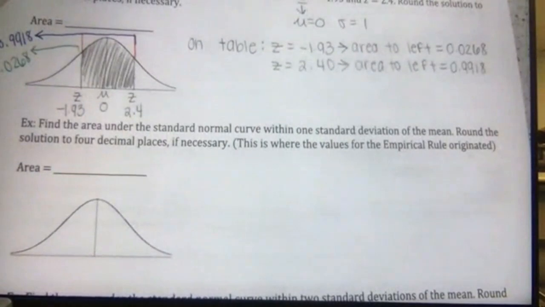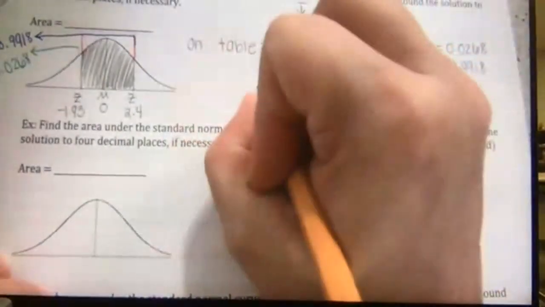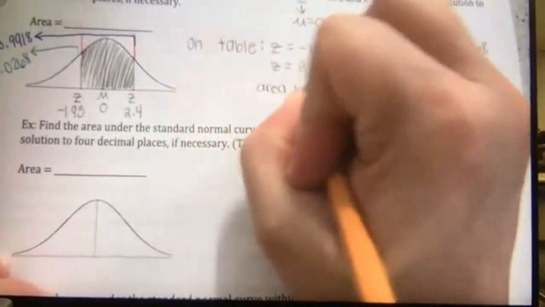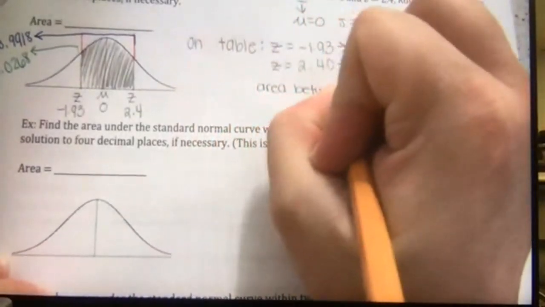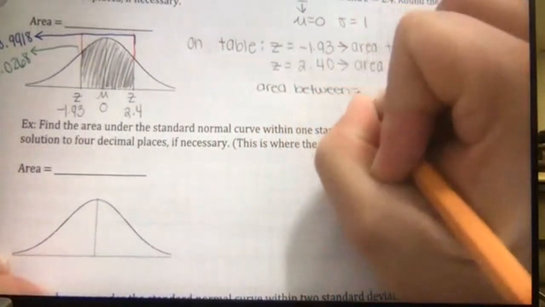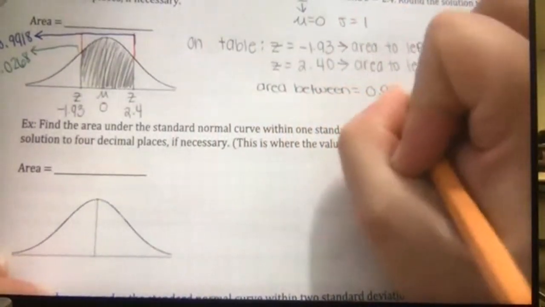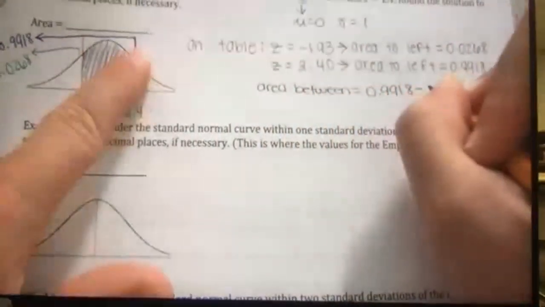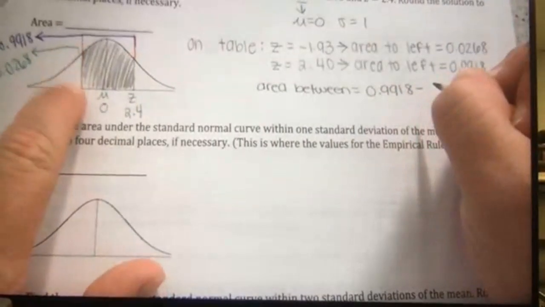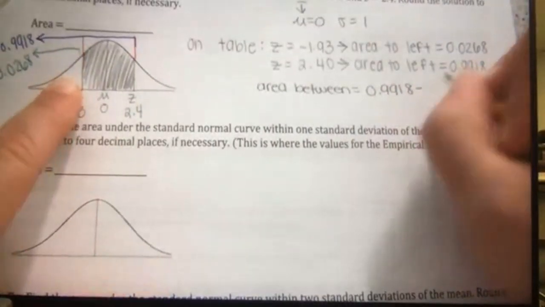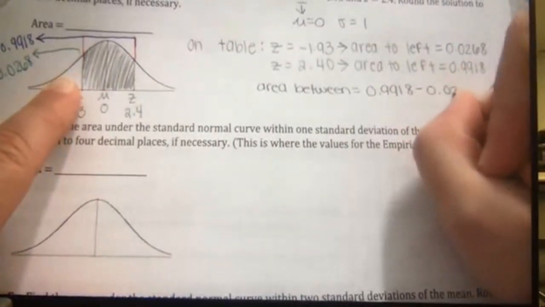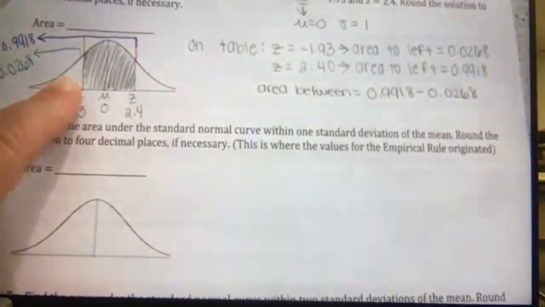But remember, we're trying to find the area between the two. To find the area between, we're going to subtract. So it's all of this 0.9918, but we want to take out this piece that's not shaded, 0.0268.